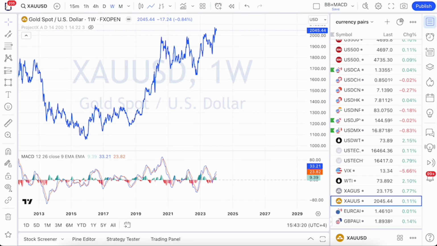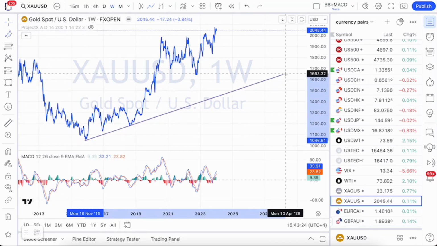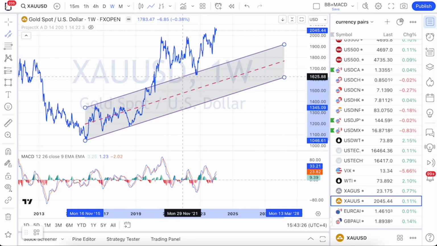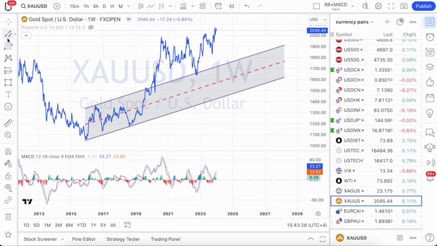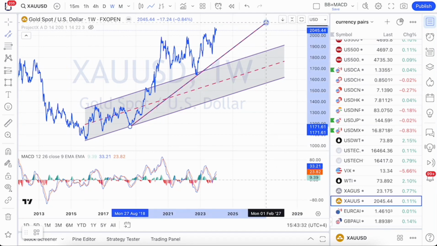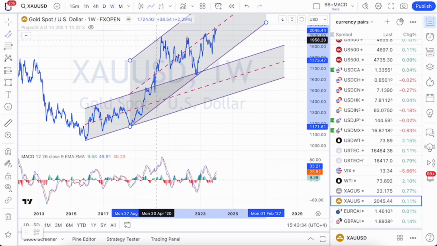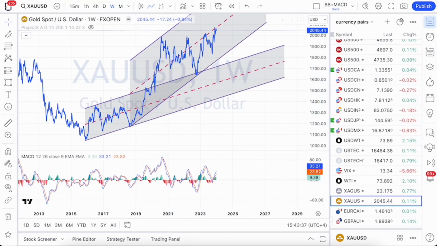I'm going to use these higher lows to apply the rising channel, starting from the lowest point, connecting with the next higher low here. And the second channel can be applied from this low here. So currently we are exactly at the halfway mark of the second rising channel.